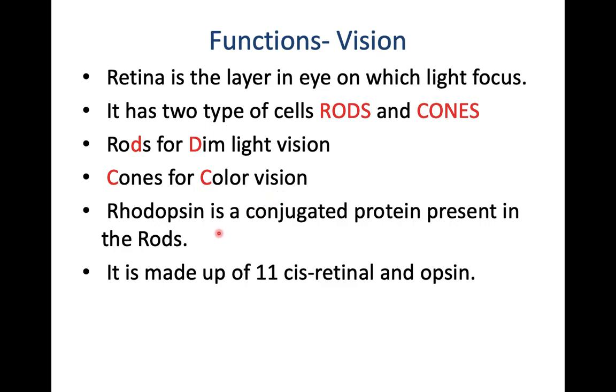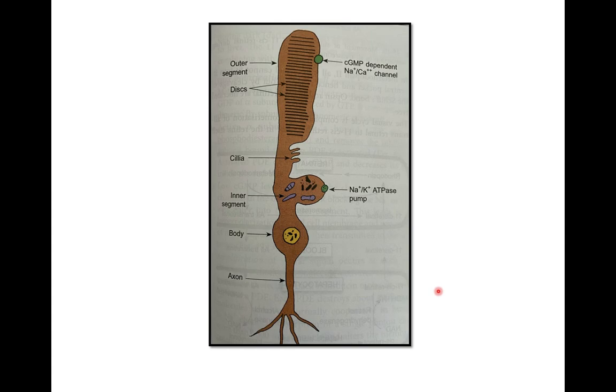As we mentioned in the beginning, in the retina we have a visual pigment which is known as rhodopsin. It is the main visual protein responsible for dim light vision in the rods. This rhodopsin is made up of 11-cis retinal and opsin. So this is the picture of rod cells.